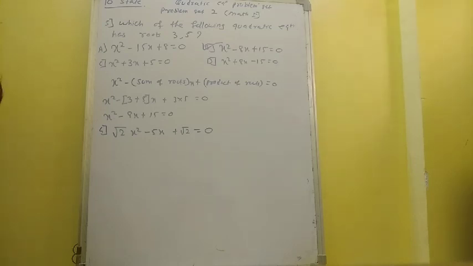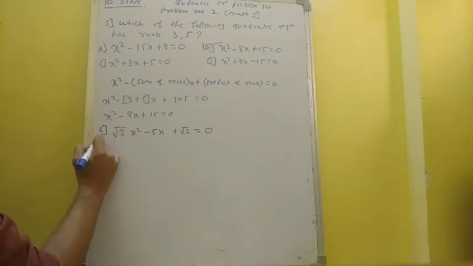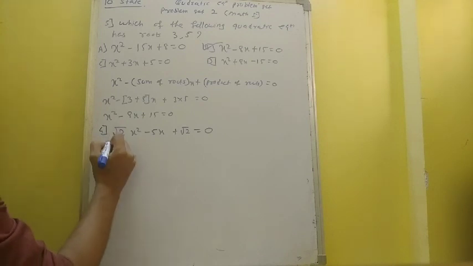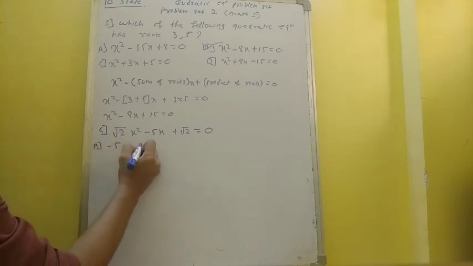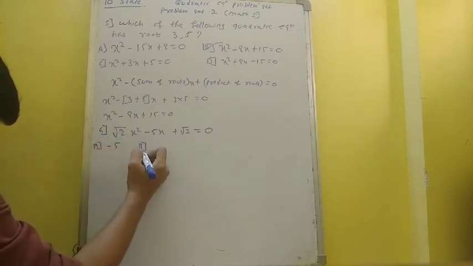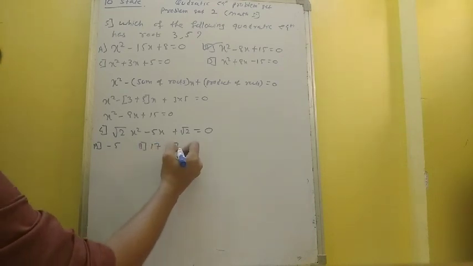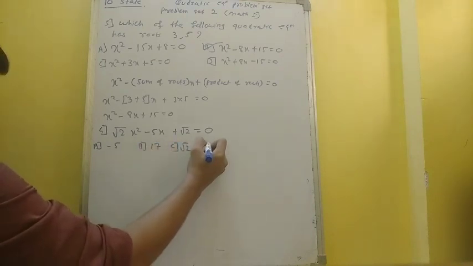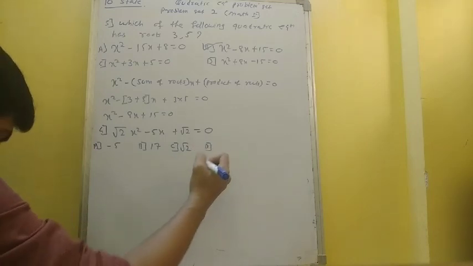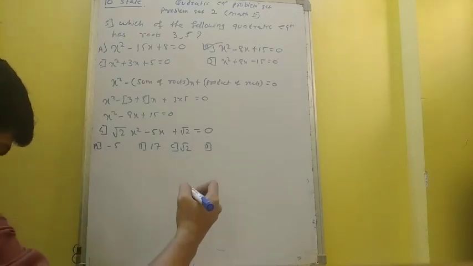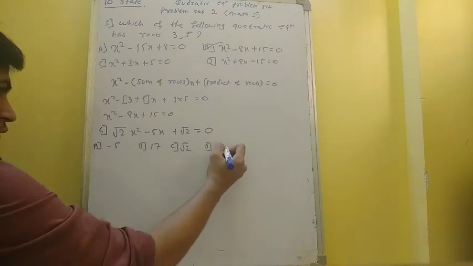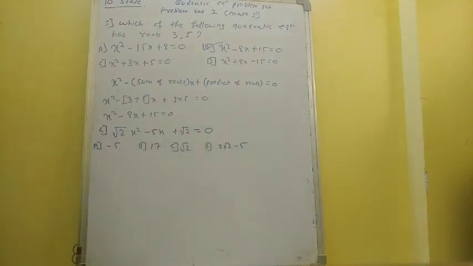Discriminant is nothing but b square minus 4ac, and the options are minus 5, 17, root 2, and it is 2 root 2 minus 5.